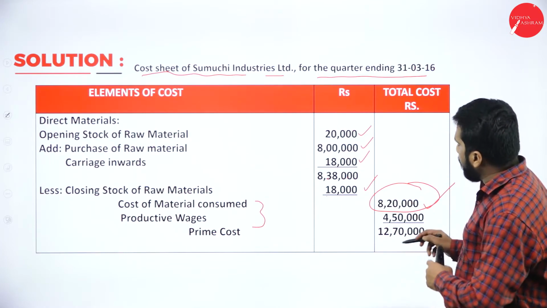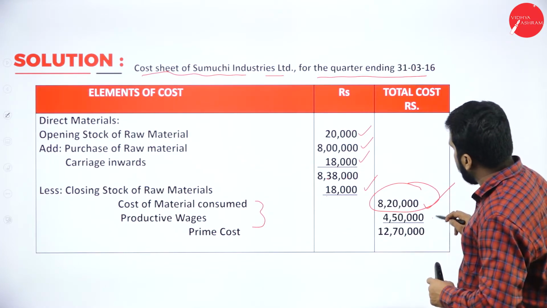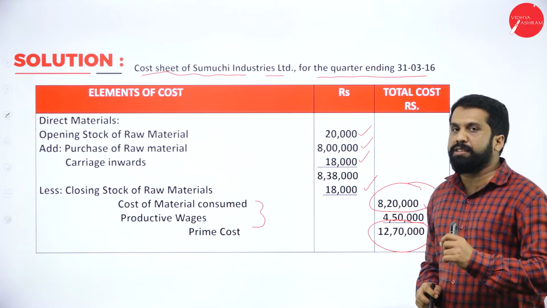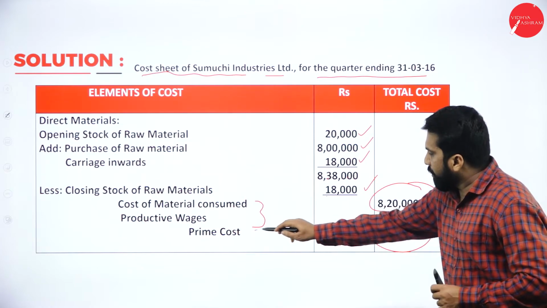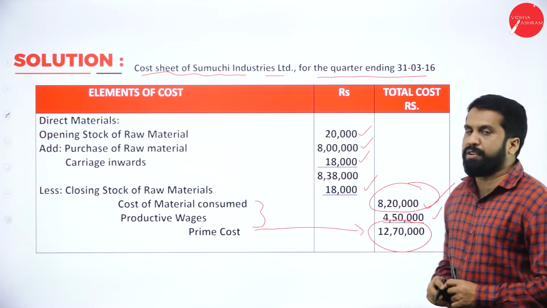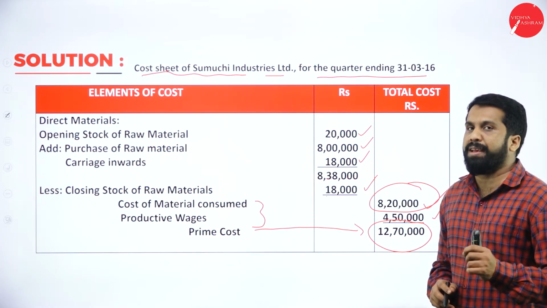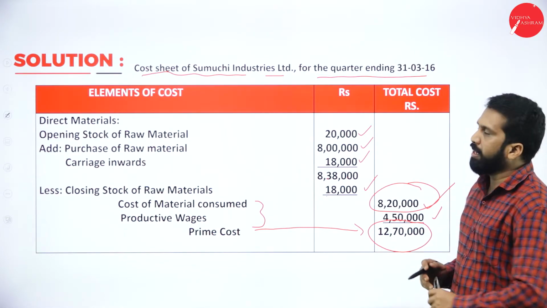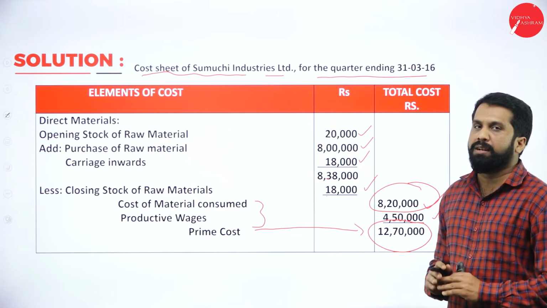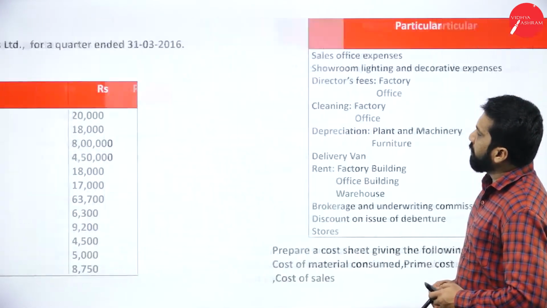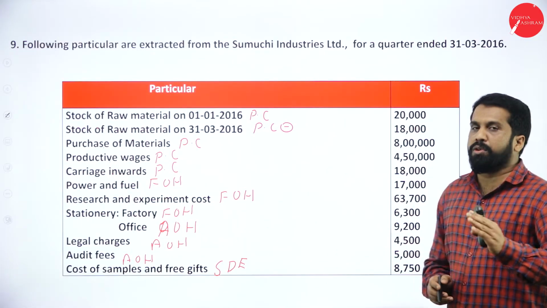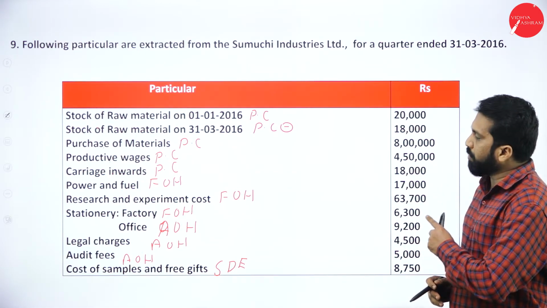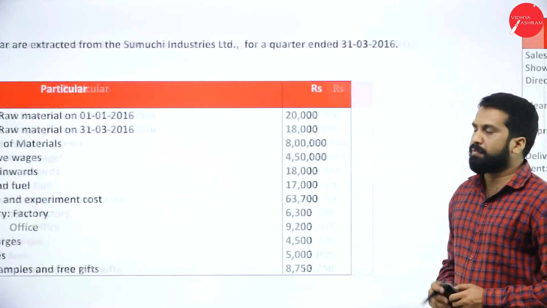Now, if you add productive wages to that, your answer will be 12,70,000. What is that 12,70,000? We call it your prime cost. Hope you understood. Your first part is done. Any doubt in first part? No. Whatever is there in the question, you know the format. As per the format, we filled. So prime cost we have done.